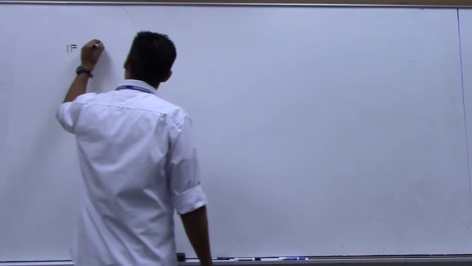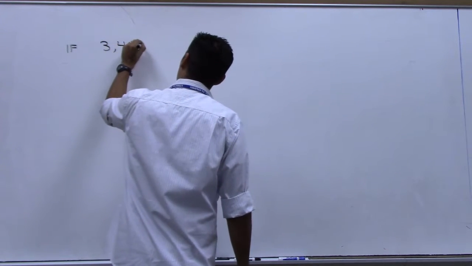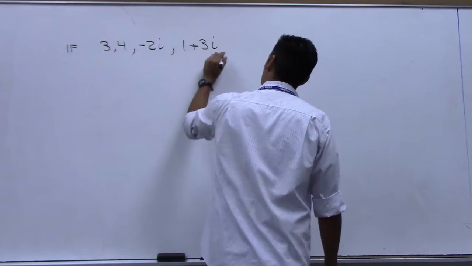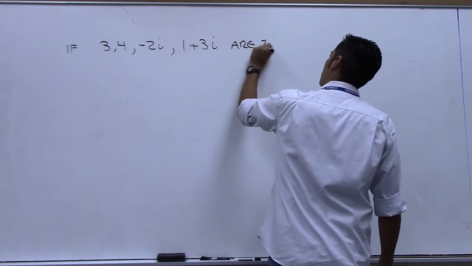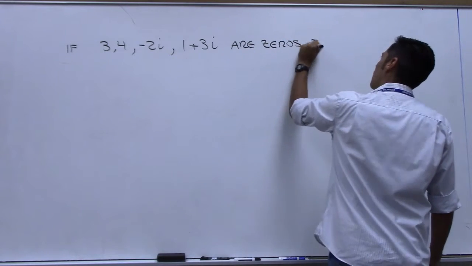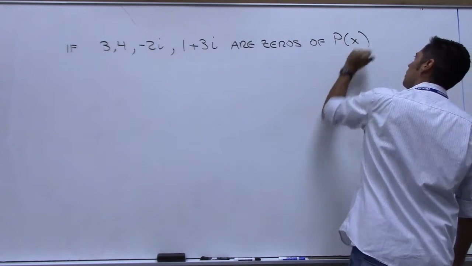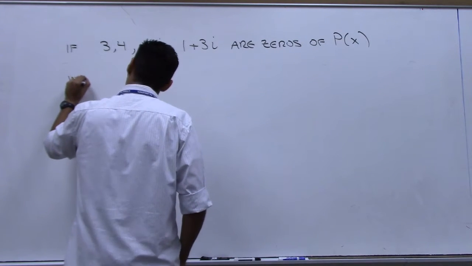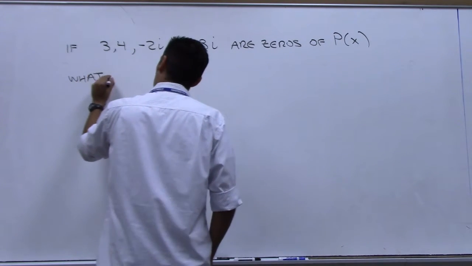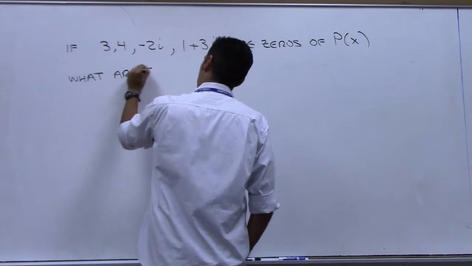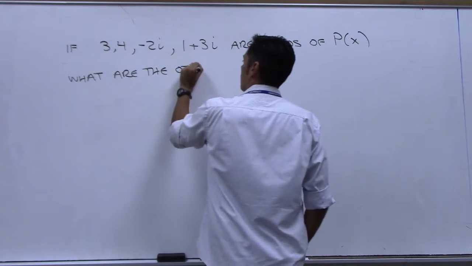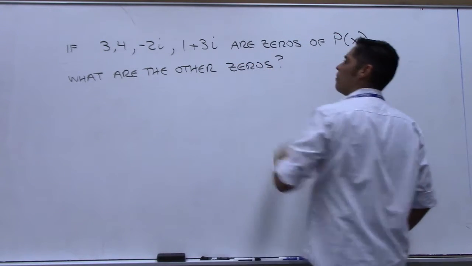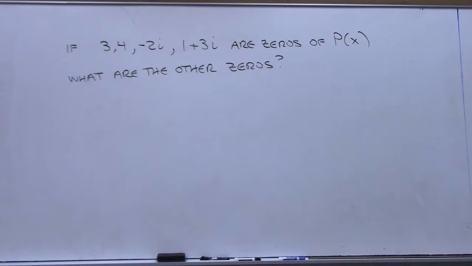If 3, 4, negative 2i, and 1 plus 3i are zeros of p of x, which or what are the other zeros? What are they?